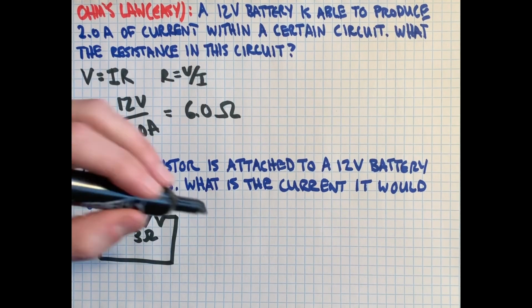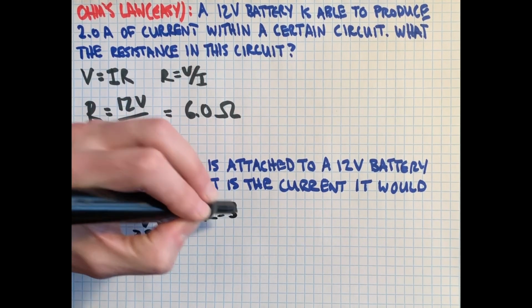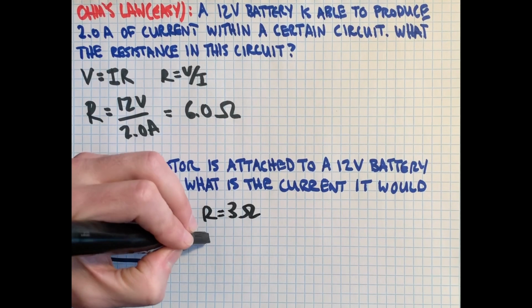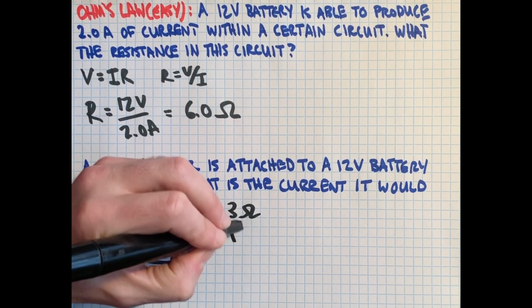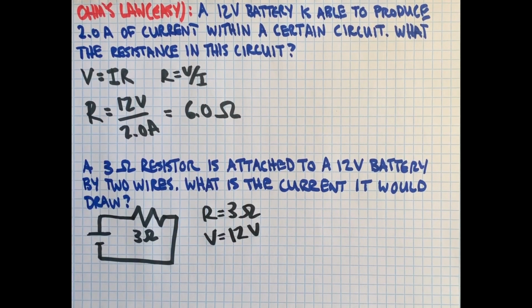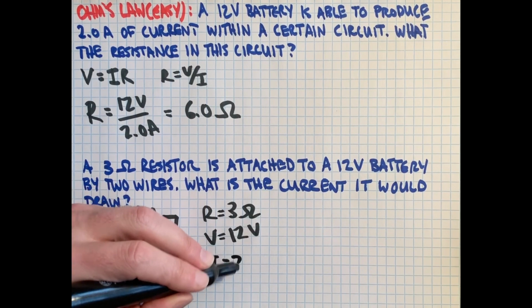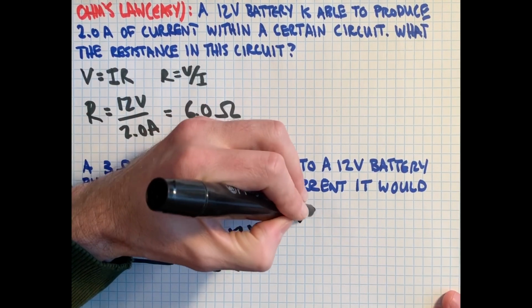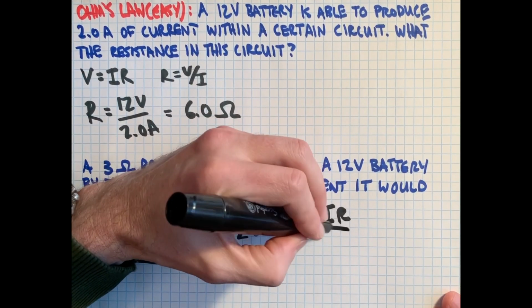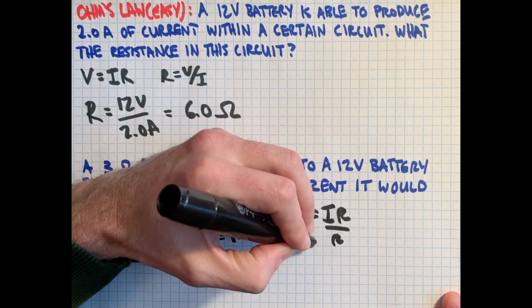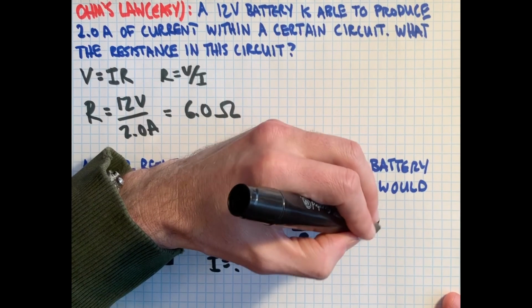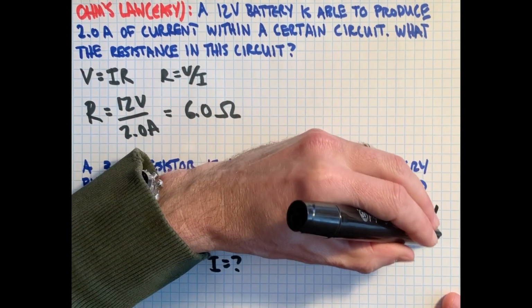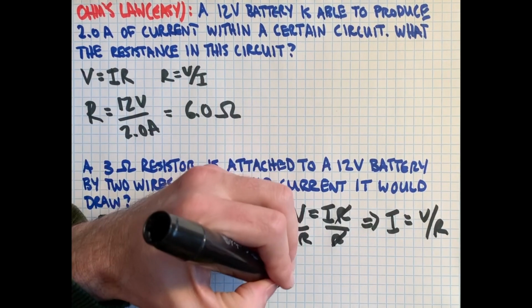So here we know that we have a resistance of 3 ohms, and we know we have a potential of 12 volts between the two, and then we have this between 2 wires, so 12 volts back to 0 here, and we want to know the current. So we take Ohm's law, we divide out the R on both sides, and we're left with I is V over R, a very simple formula.